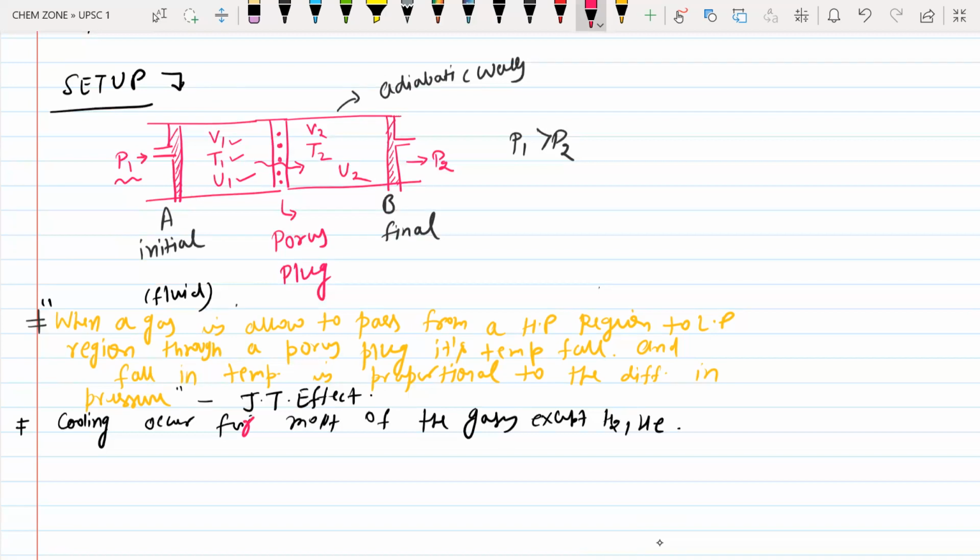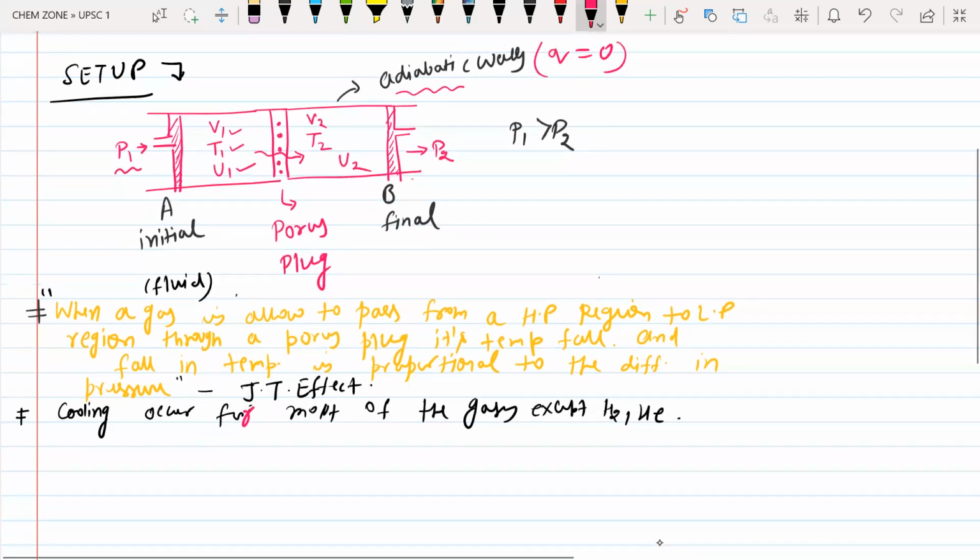We are assuming that the walls of this setup are adiabatic walls. That is, heat is not transferred between system and surroundings. Definitely, we are taking P1 greater than P2.